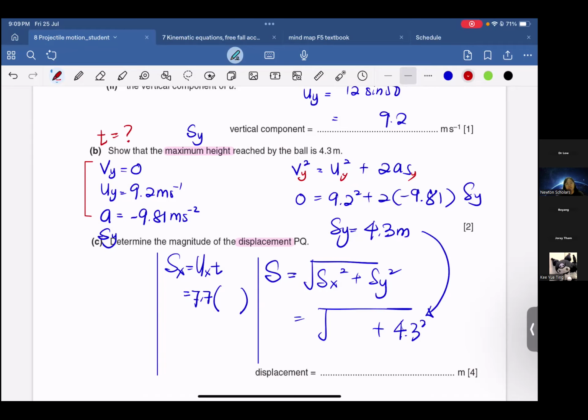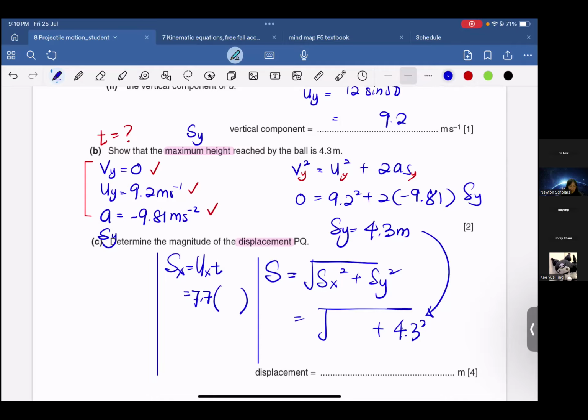Then what is the t? 0.94, correct. Because we know a lot about the vertical component information, we use this to continue to find t.